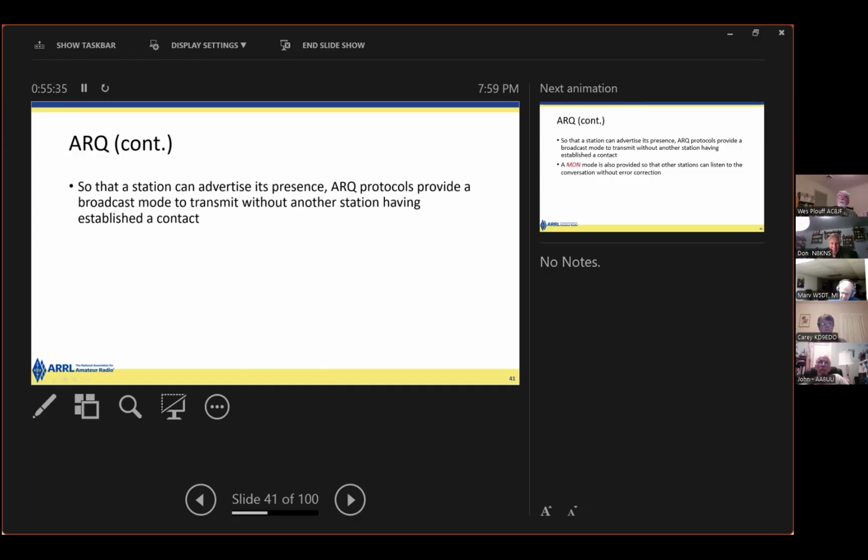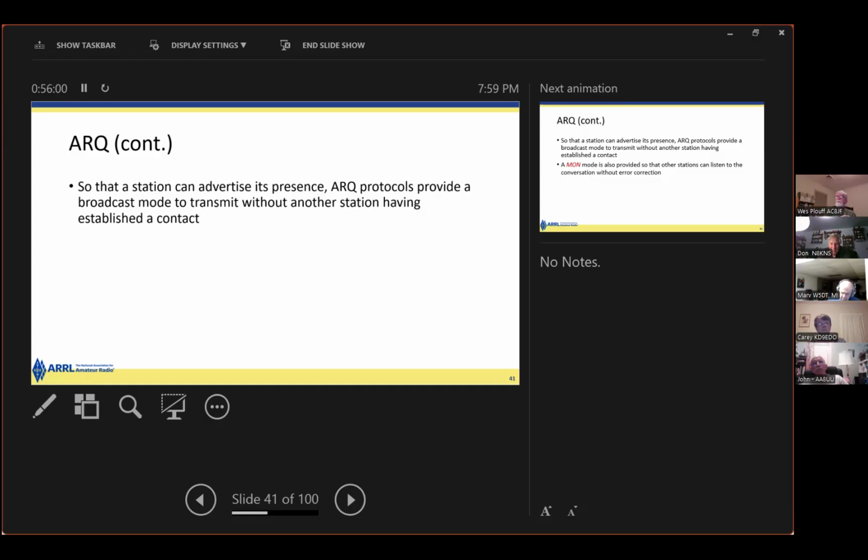So a station can advertise its presence. So there's a broadcast mode. So it can transmit and say, hey, is anybody out there, or is so-and-so out there? But other stations can interpret that without necessarily having to first establish the contact.